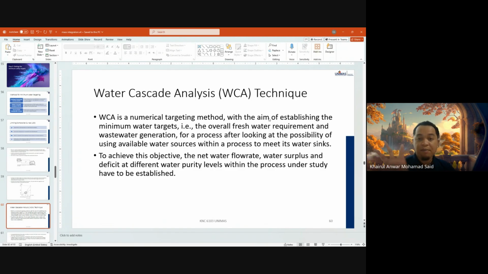This method is based on Manan et al. 2004. It is equivalent to the water surplus diagram, WSD.